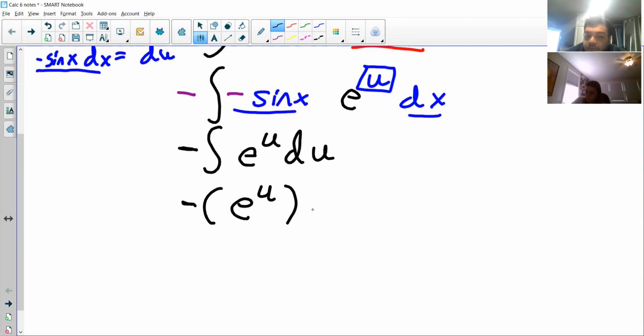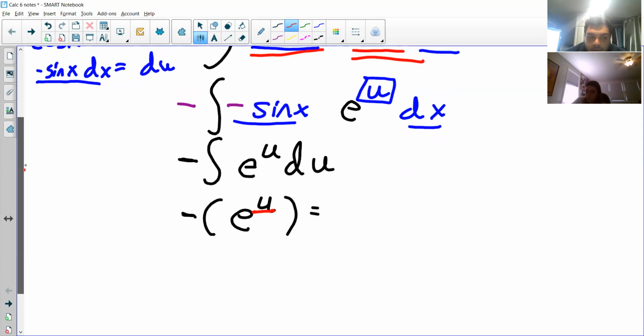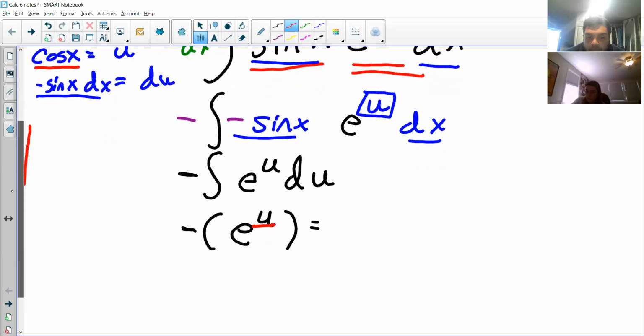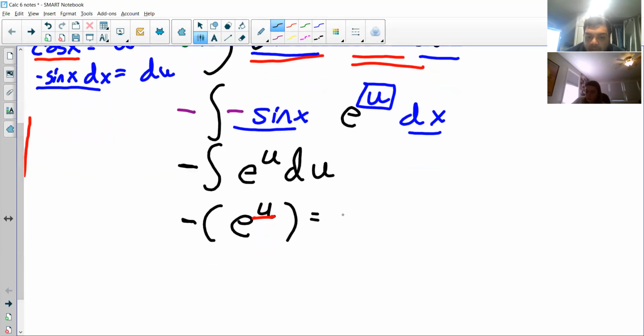But we don't want it in terms of u, we want it in terms of x. So I'm going to take this u value and resubstitute my original u value, which was cosine x. So I have negative e to the cosine x.